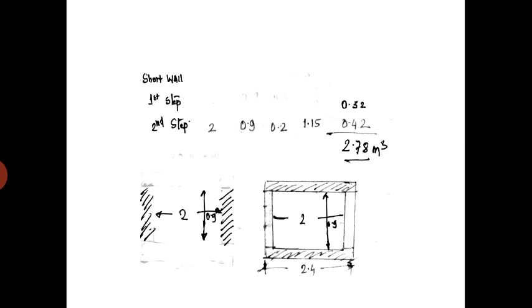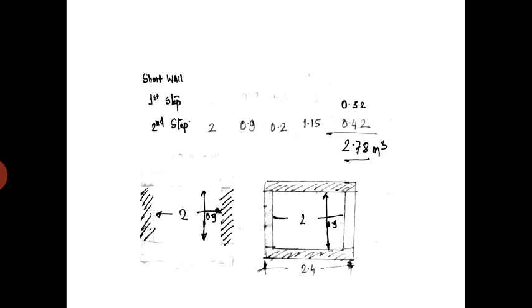Then the second step, that is 0.9, 0.2 and 1.15. So you will get 0.42.